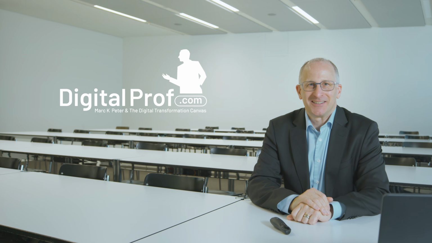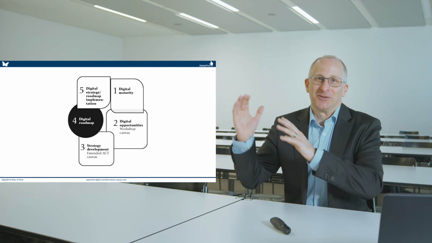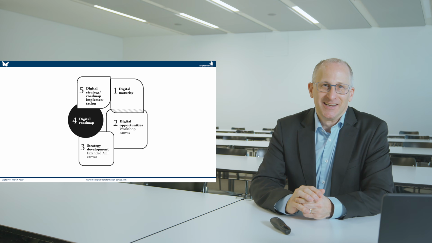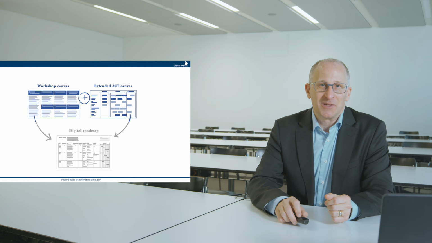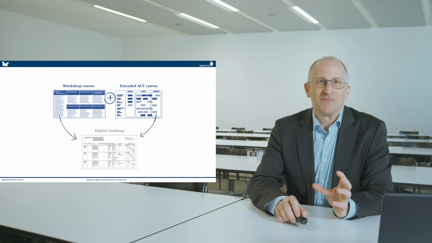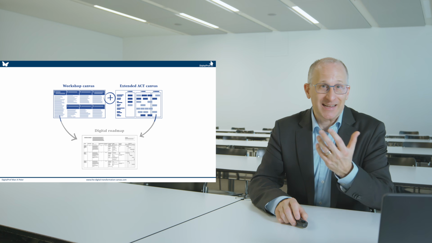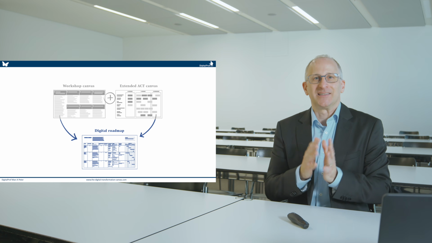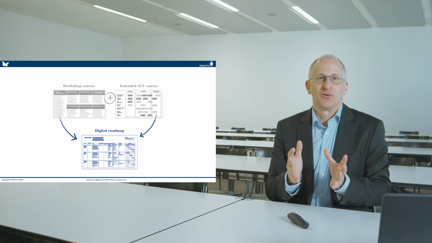I am Marc, the Digital Prof, and today I will take you into step number 4 of our digital transformation journey, the digital roadmap. We have seen in the previous episodes how there are two main workshop tools or strategy development tools which you can use to develop a digital strategy, a digital roadmap.